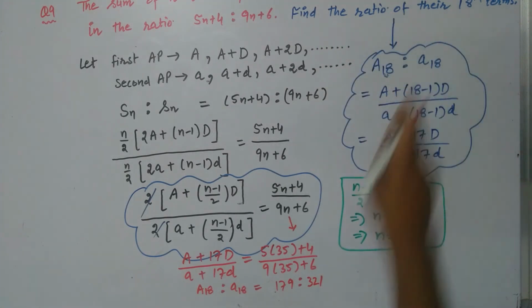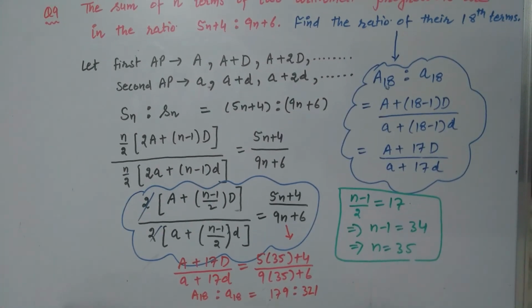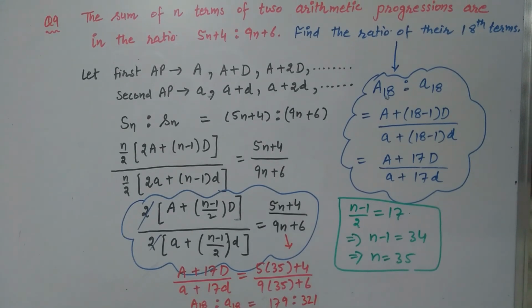Find the ratio of their 18th terms. So this is the required ratio. Next question.